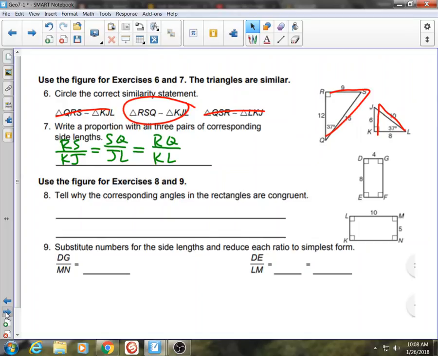Figures 8 and 9. We're looking at the angles, though. They're all right angles, yeah? So since I know this is a rectangle and all the figures are rectangles, and all the angles in a rectangle are right angles, then all angles are right angles.